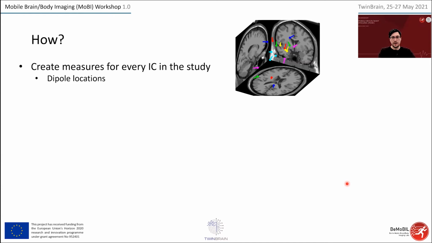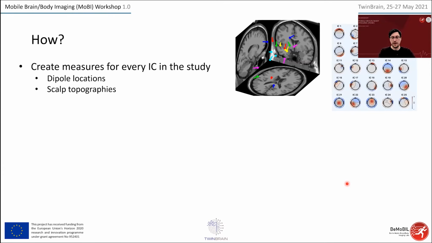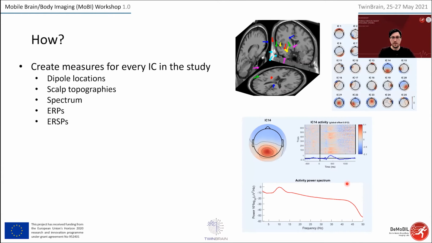And in addition to that, we have other measures like the scalp topographies. You don't really need to create much here, but it's just stored in an additional vector for the clustering. And then other measures are also created, like the spectrum for every component, and in this case, ERPs.